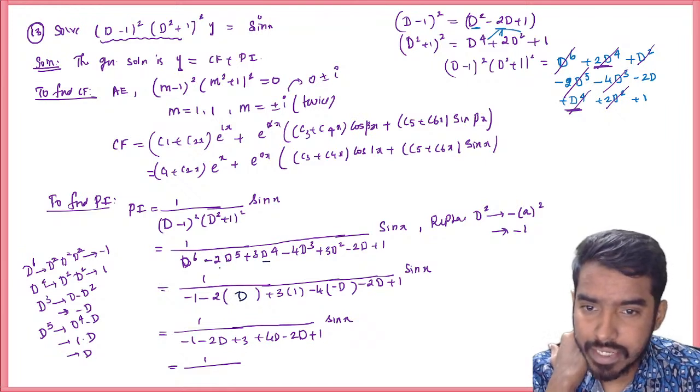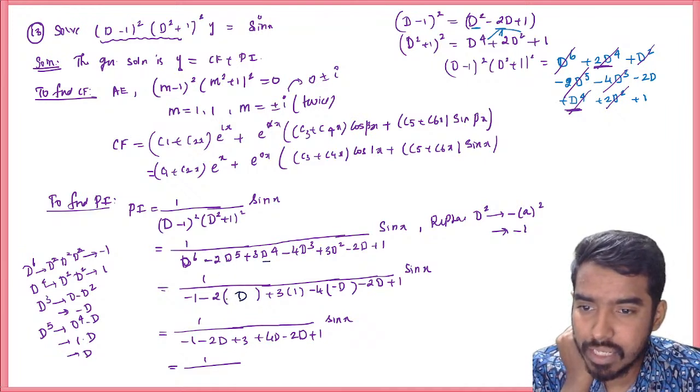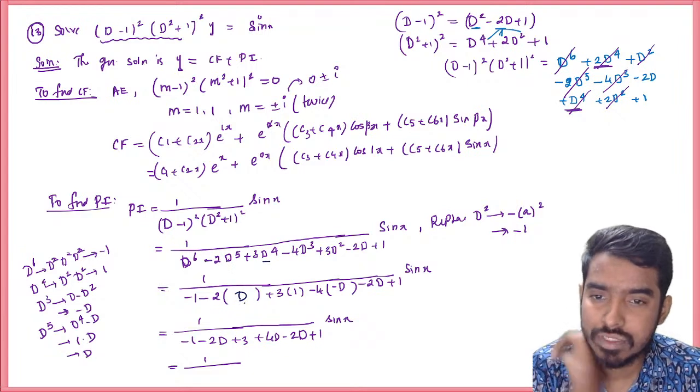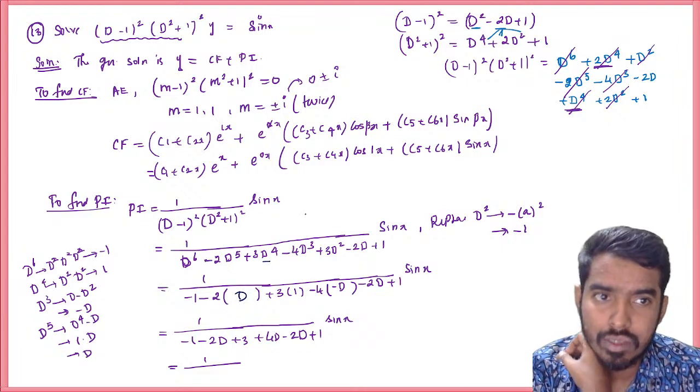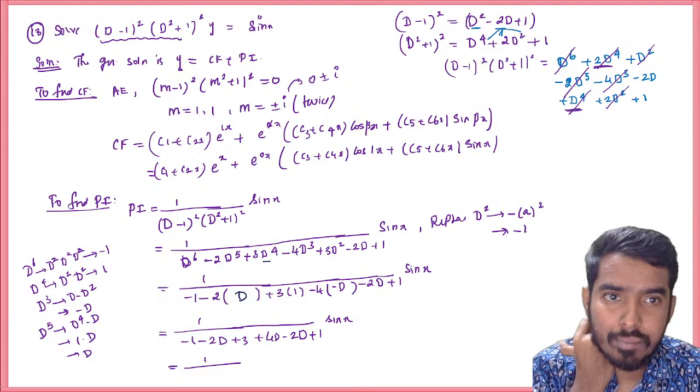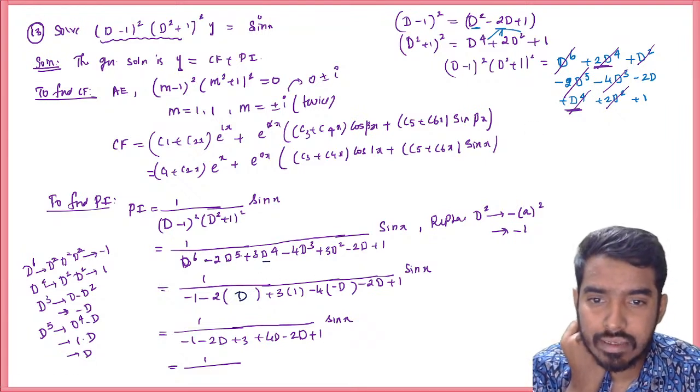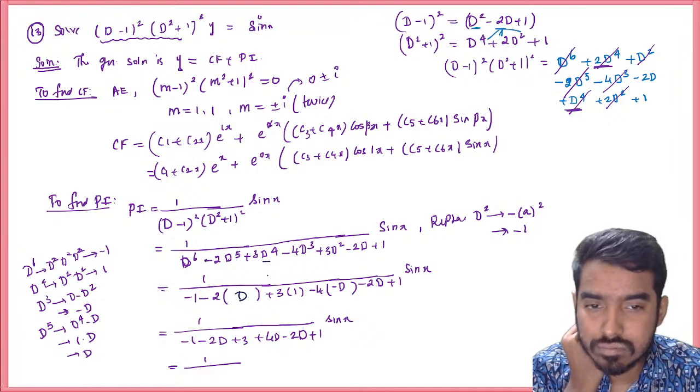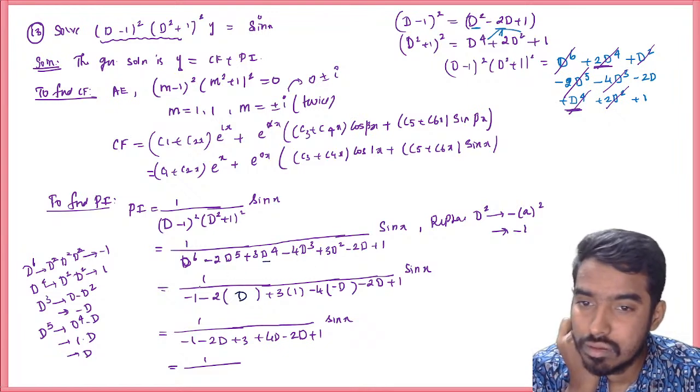It's correct, right? Minus 2 times d power 5 is d power 4 into d. d power 6 minus 2d power 5. Is there any mistake I have made here? d power 6 is minus 1 minus.